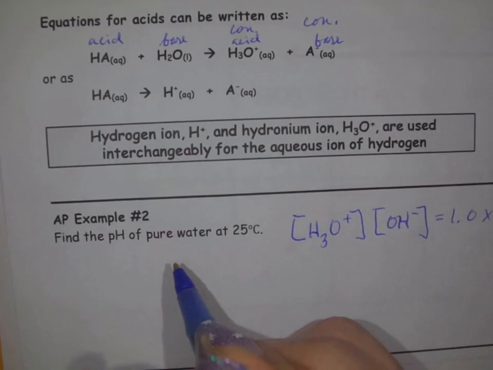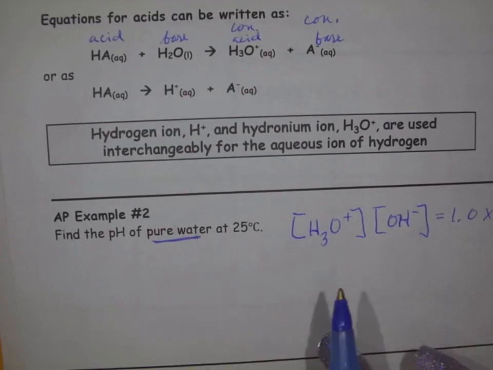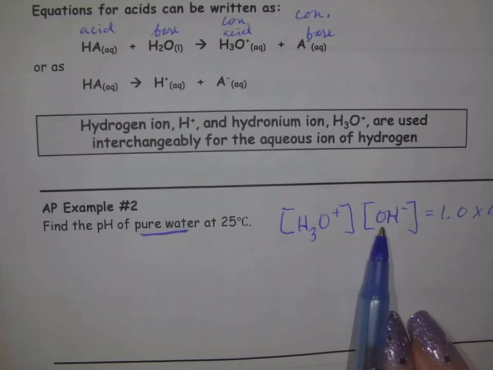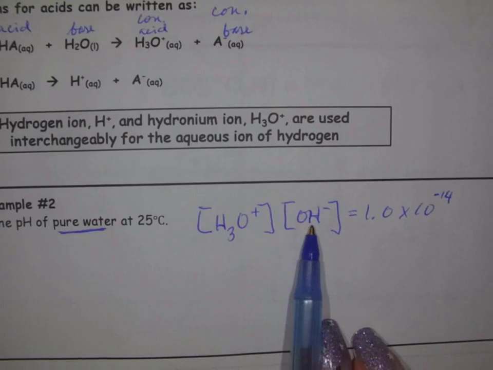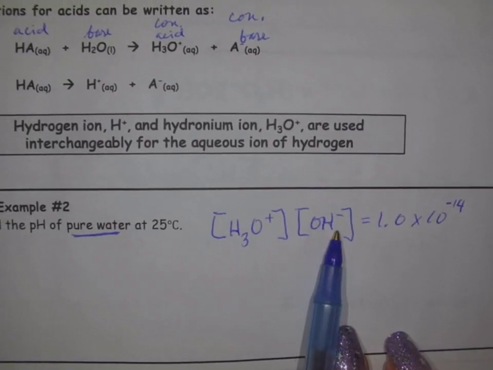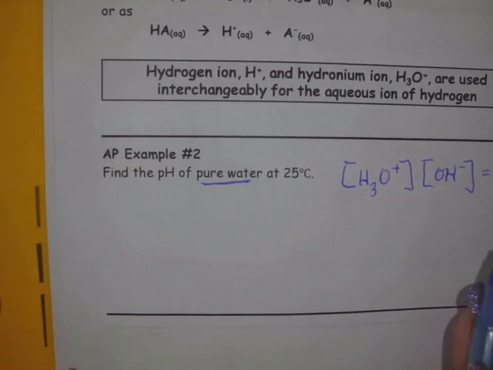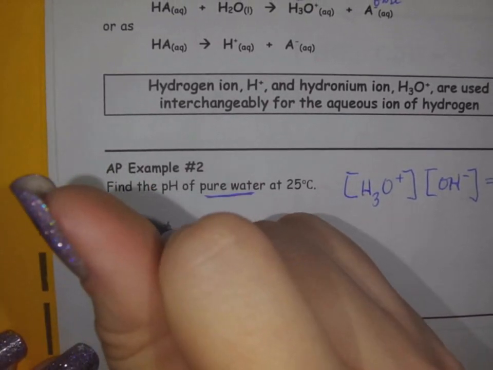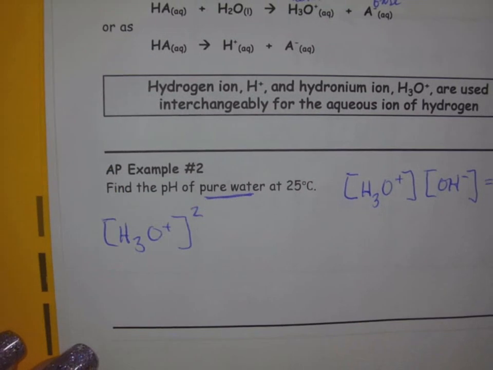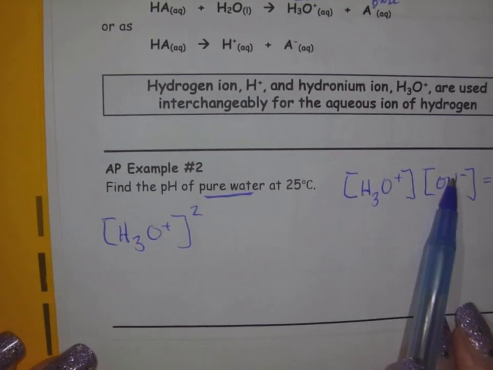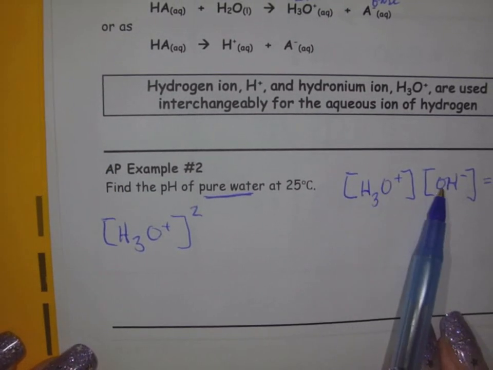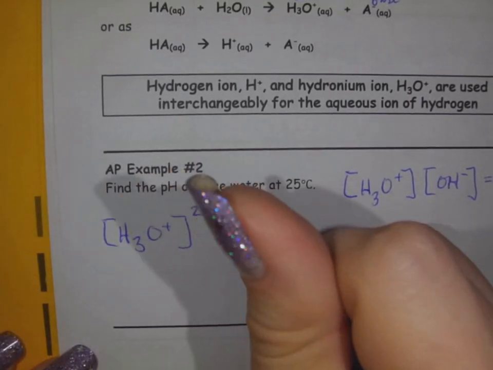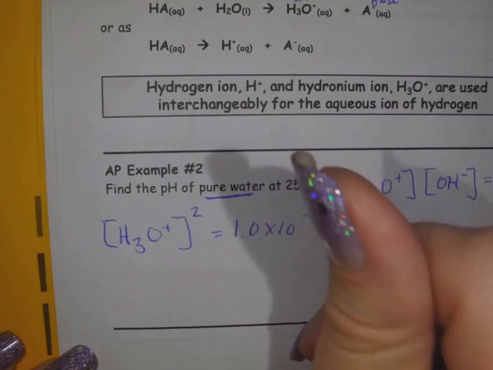And then if it's pure water, the concentration of hydronium is equal to the concentration of hydroxide. Okay, that these are the same numbers. So instead of saying hydronium multiplied by hydroxide, couldn't I do the concentration of hydroxide squared? Like this is equal to that, and then two things that are equal to each other that are multiplied, right? It's squared, and that would equal 1 times 10 to the negative 14.